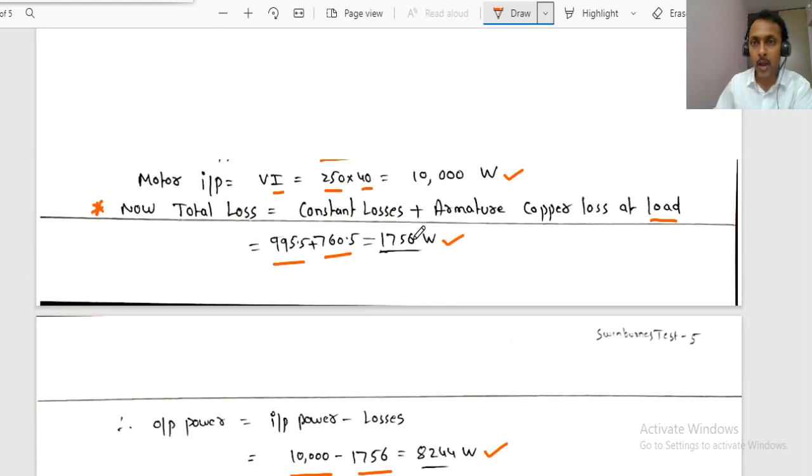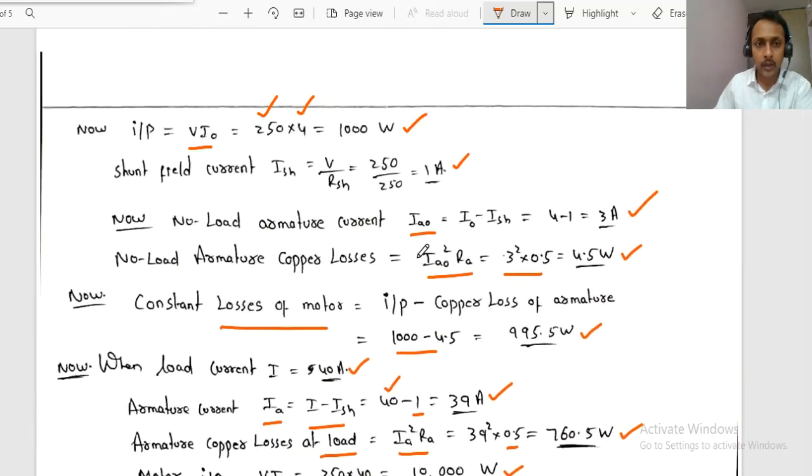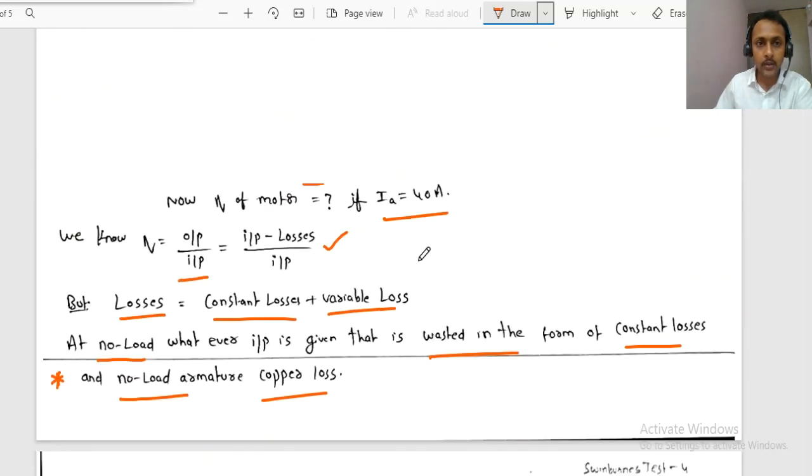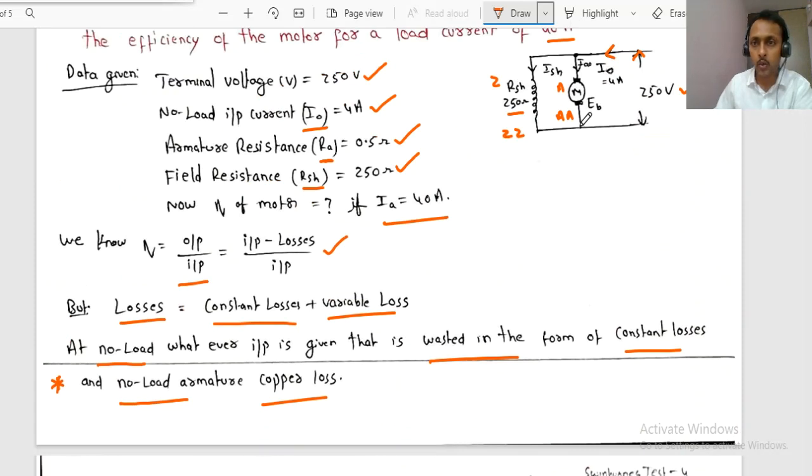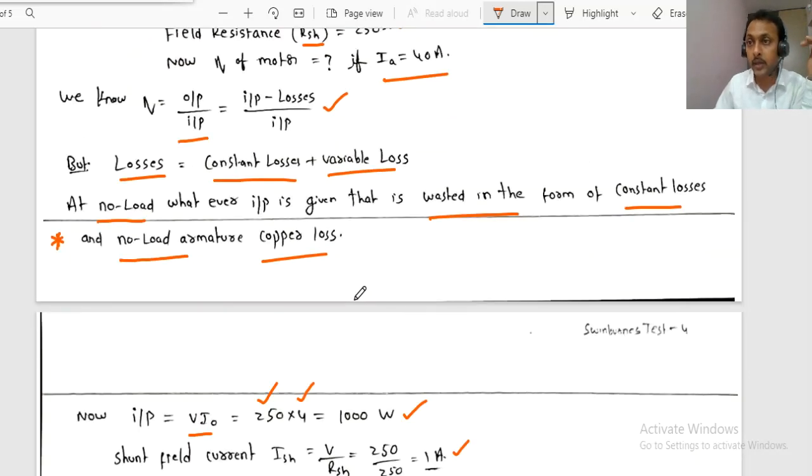While evaluating your paper in your exam, the paper evaluator will check whether you have written the data given or not, whether any suitable figure required is drawn, whether you have written the formulas, done the substitutions, and then the calculations and the final answer. The common mistake students make is that the moment they see a problem, they skip that question.